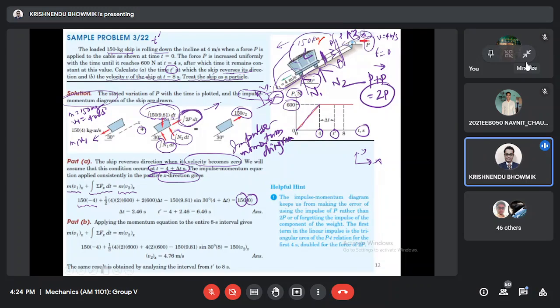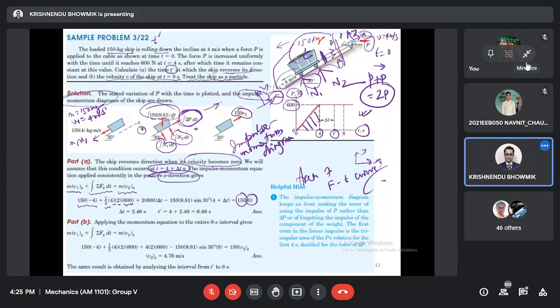Be very careful, F is not constant, F has been varied as per the given curve. The area of the F-t curve will give the impulsive force. So what is this value? It is half multiplied by 4 multiplied by 2 multiplied by 60.